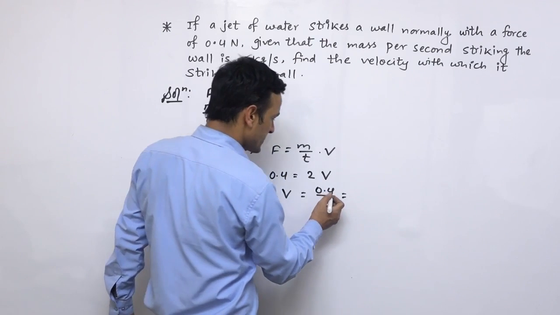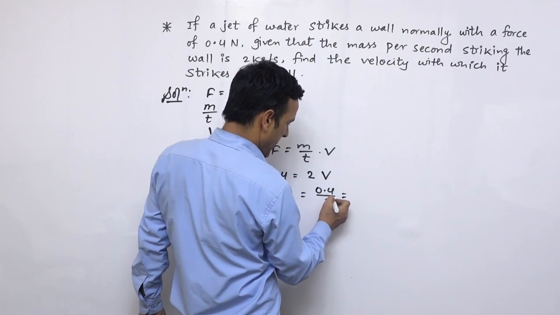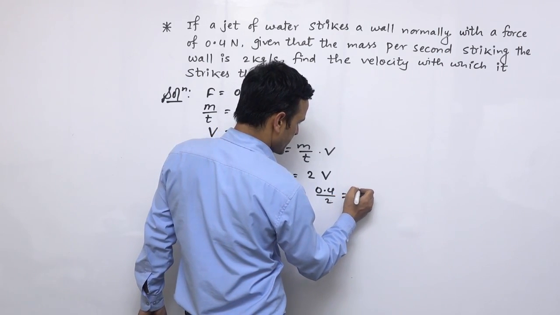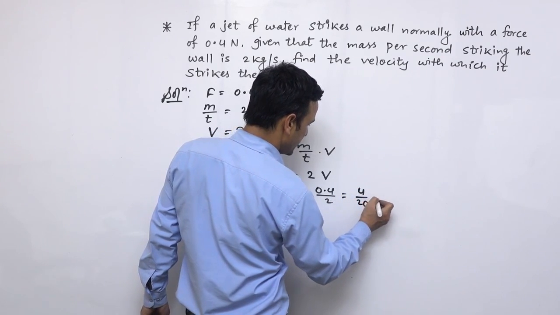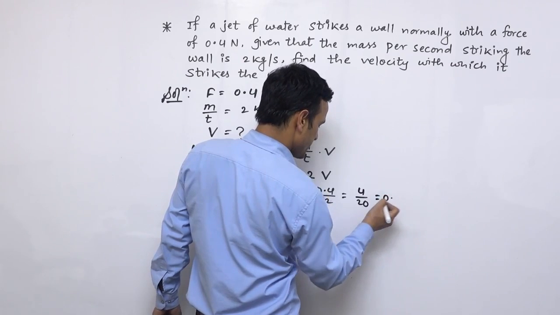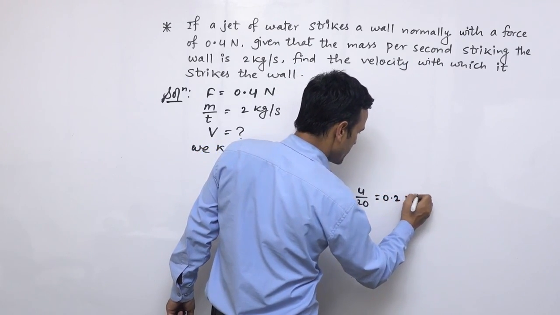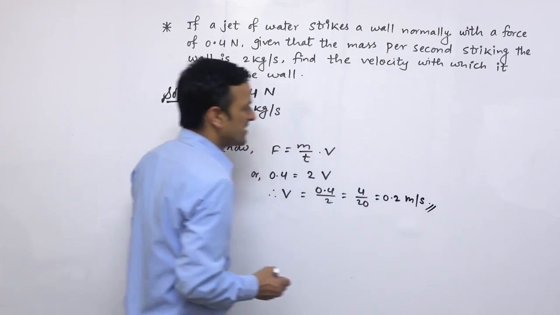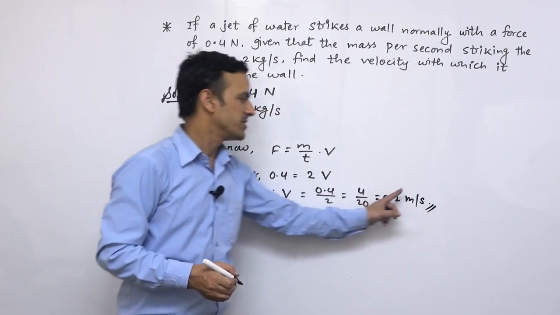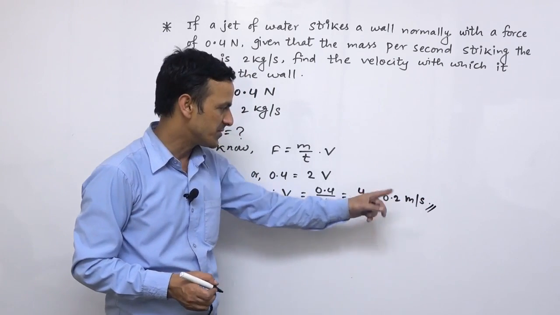Now let's solve it. It is 4 by 20. So 0.2 meter per second is the answer. Velocity will be in meter per second, so write down meter per second.